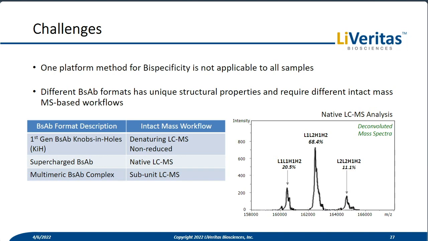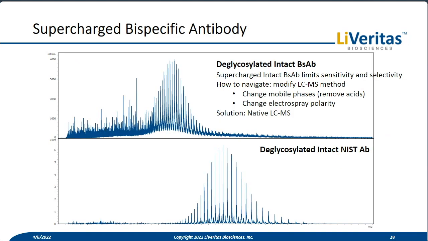So here we want to highlight how we've utilized native LCMS and how we came to this decision. Here's an example of the raw mass spectra of a supercharged bispecific antibody, the panel at the top, compared to the panel at the bottom, which is a deglycosylated intact NIST antibody.